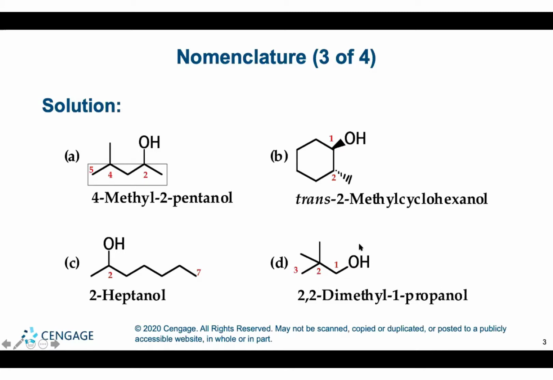It's the same as what we did with alkenes and alkynes. If your carbon 1 has an OH group, you don't need to write the 1. If you find in the book that they don't write the 1, it's totally fine. It's going to be 2,2-dimethyl-1-propanol or 2,2-dimethylpropanol.